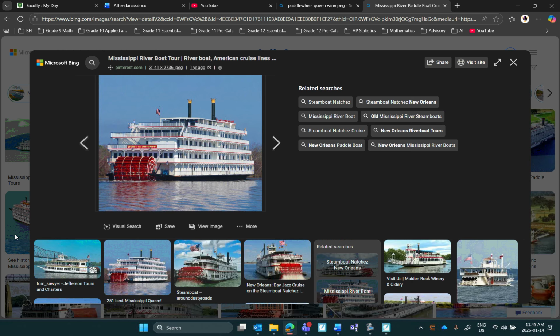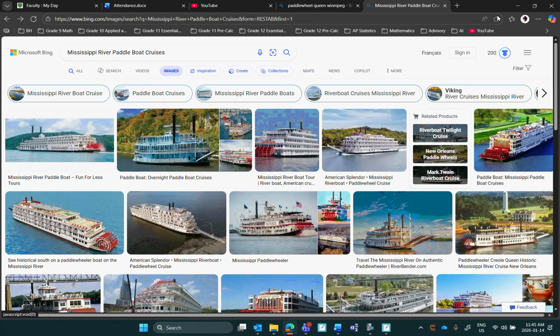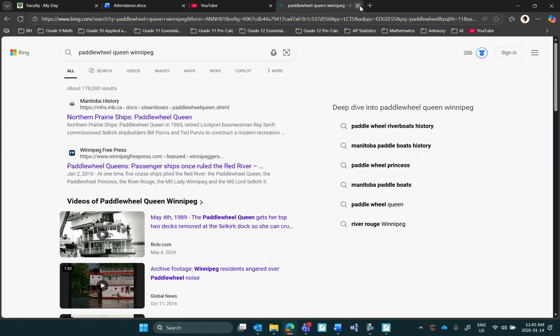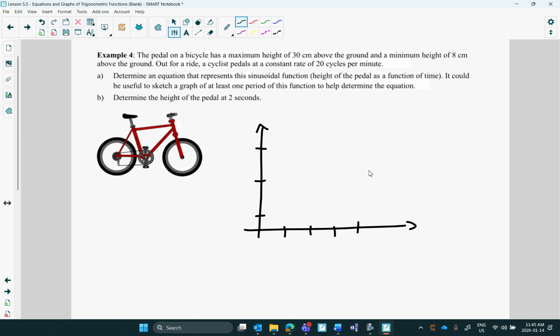Two go here, two go here, two go here, and two go here. And then they're like this, and they've got little pedals, and they just go like crazy. Okay? This is all being recorded. Okay. Anyway, back to here.